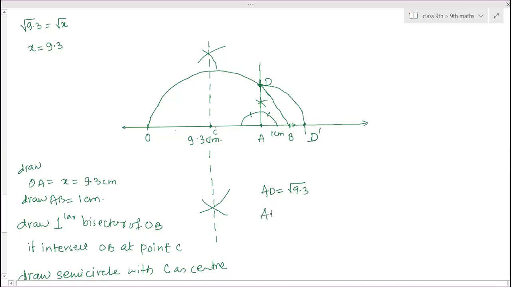AD dash is also equal to square root of 9.3 centimeter from A, not from O. A is the origin, 0, and AD dash is the square root of 9.3 distance.